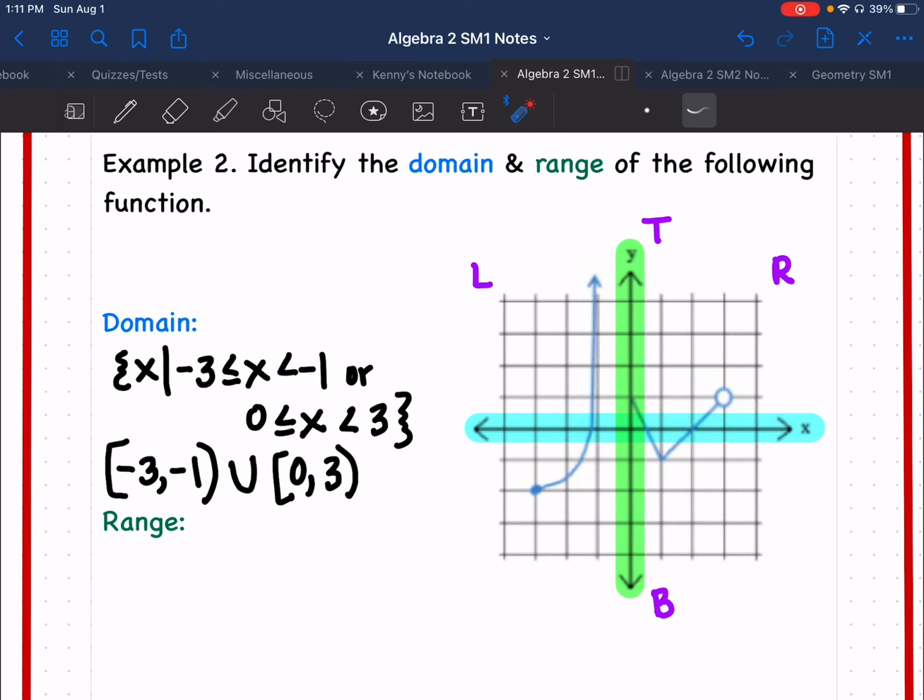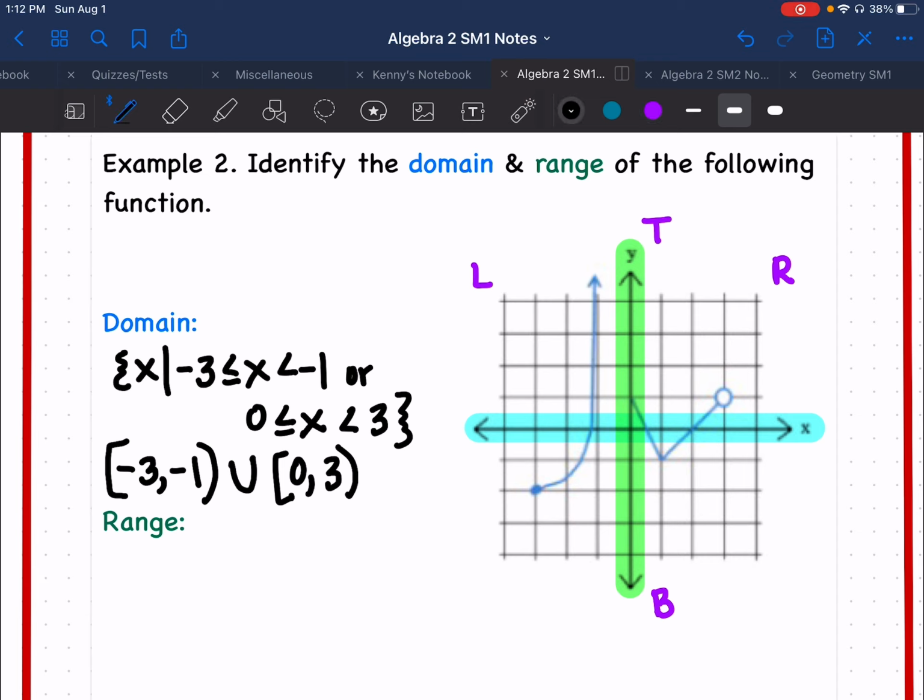Notice that there's really nothing breaking it up. Yes, there's this hole here, but I don't need to say that because there's a point over here that has 2. Everything that's here is also here. And so my graph is going to start here at negative 2, and it's just going to continue up to positive infinity.